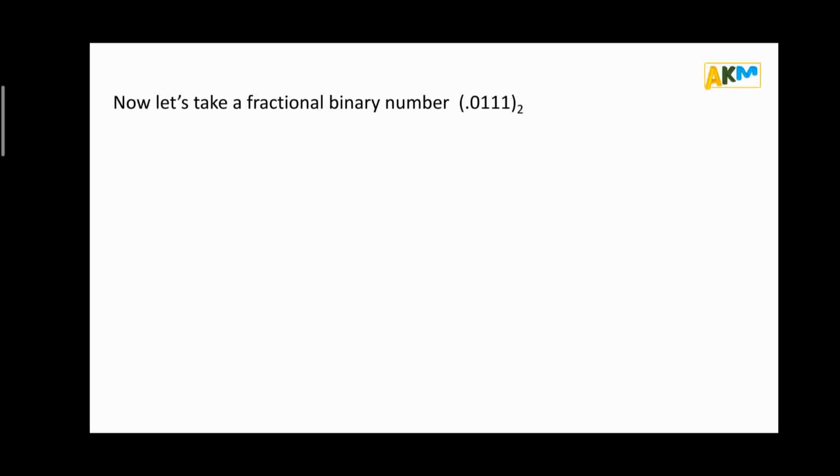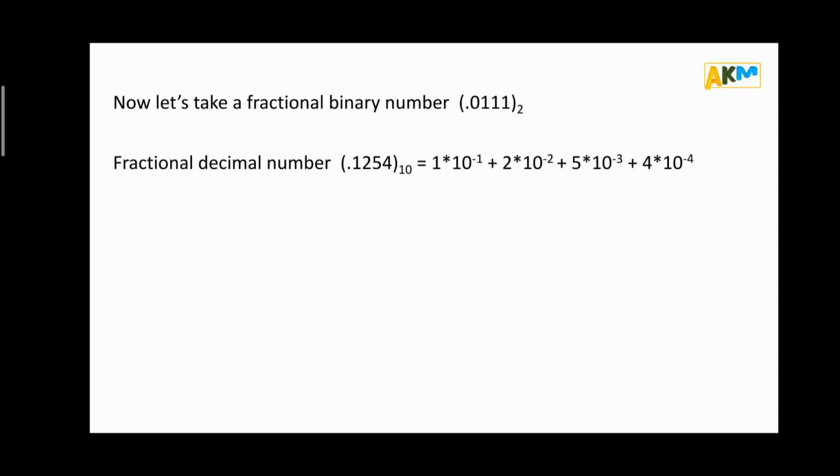But before going to see this method of conversion, let's take the previous approach of expansion of a fractional decimal number, so that we can better understand this conversion of a fractional binary number. So let's see the expansion of a fractional decimal number, which will be like this. Take a fractional decimal number 0.1254.